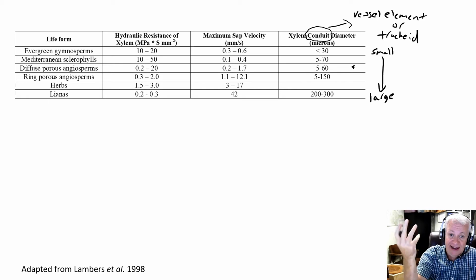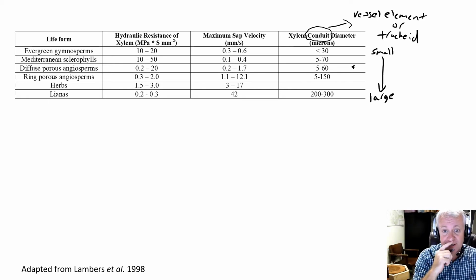So they have very few fibers in their stems. So their stems, the vine, is almost all vessels. And those vessels can be very large. So lianas just have enormous vessels and very low resistance to water flux. They're at one end of the range of this variation.